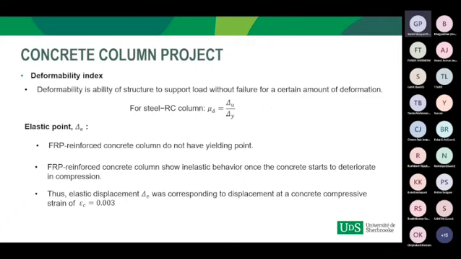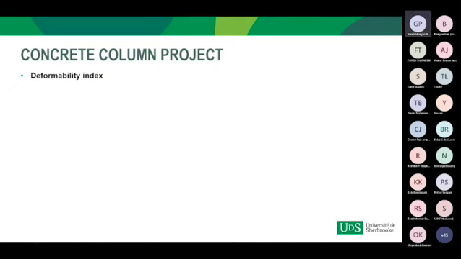But generally those things occur when there is a dowel bar and the main reinforcement like lap splicing. So the GFRP column shows inelastic behavior due to the deterioration of the concrete in compression. Therefore we selected the elastic displacement corresponding to the displacement at a concrete compressive strain of 3000 microstrain.